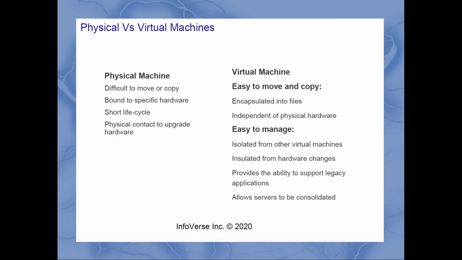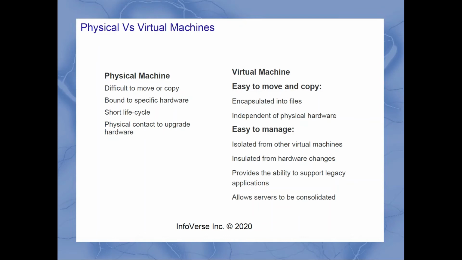So let's compare physical versus virtual. In the case of a physical machine, it's difficult to move or copy, which is evident because it's something that's tangible. It's bound to specific hardware. So once the hardware becomes obsolete, we either have to upgrade or maybe have a new system.